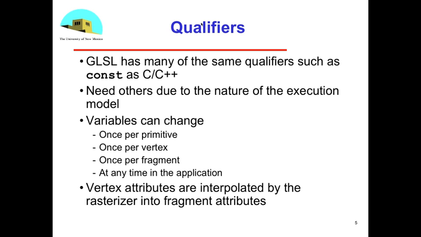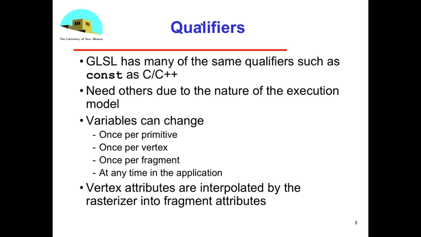Now, one thing that it introduces is a number of qualifiers, more than you're familiar with probably from other languages, like the const qualifier you use in C and C++. The reason for having more is that when things change can occur from the application programmer's point of view in many different ways.